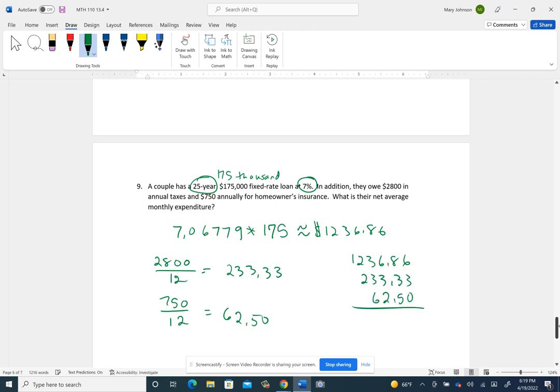Now you can be off $1 or so here, depending upon rounding. So this would be $1,532.69. So really, it's not just what you get out of the table, but it's also your taxes and your insurance. And so that would be what their monthly expenditure would be.